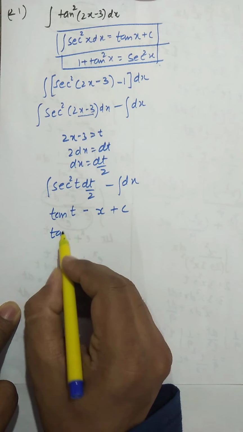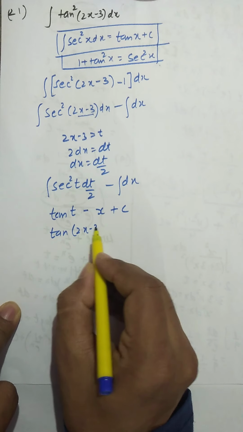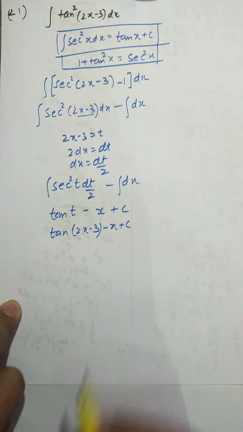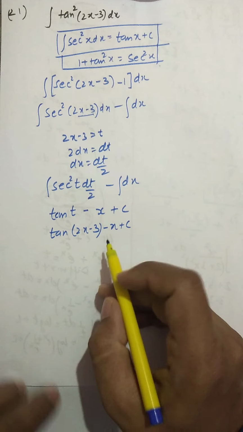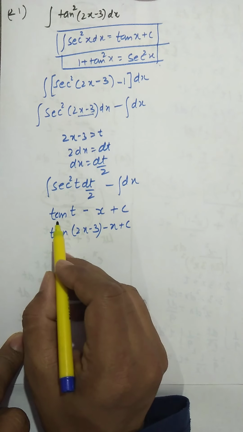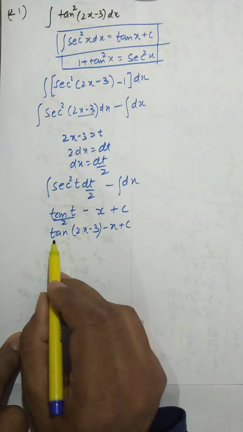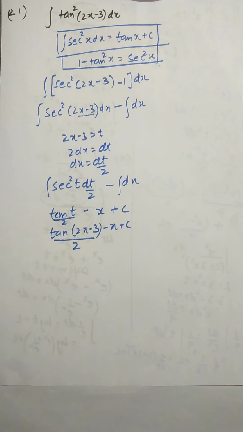Again you substitute what you assumed. This is tan (2x minus 3) minus x plus c. So this way you can see this 2 was in the denominator, so it will remain here as 2, and this is here 2. So this is the answer of your question number 21.